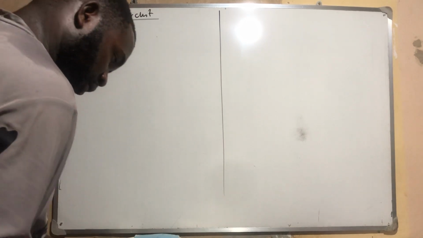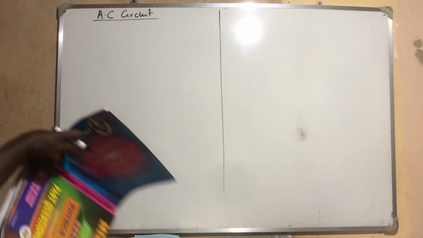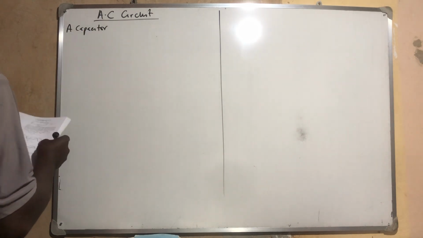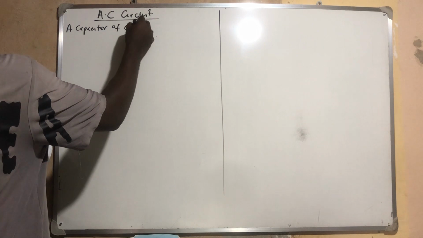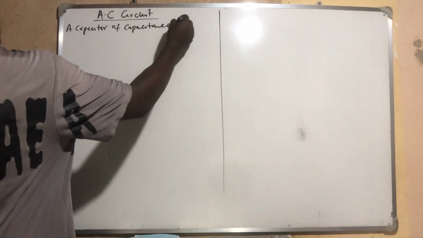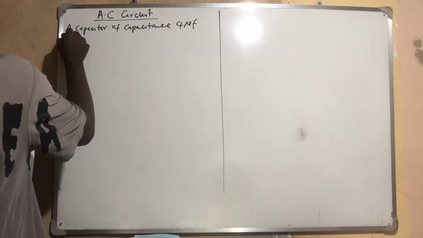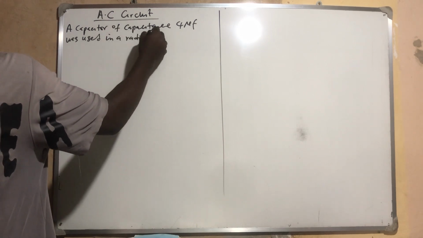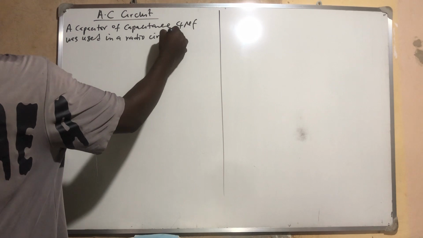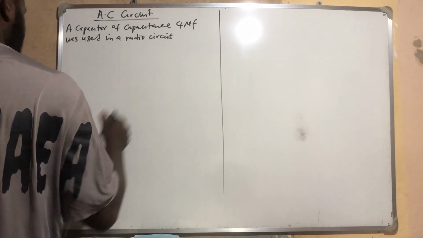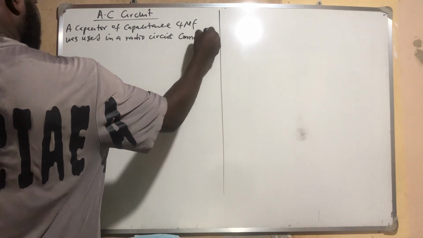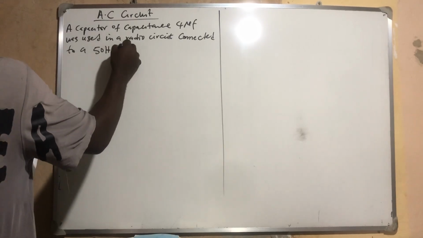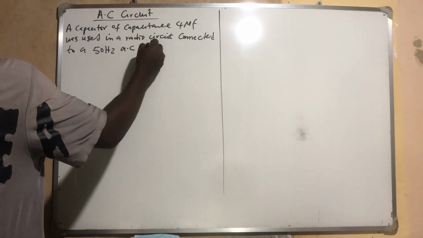So the first question we're going to solve is, let's say a capacitor of capacitance 4 microfarad was used in a radio circuit connected to a 50 Hz AC source.